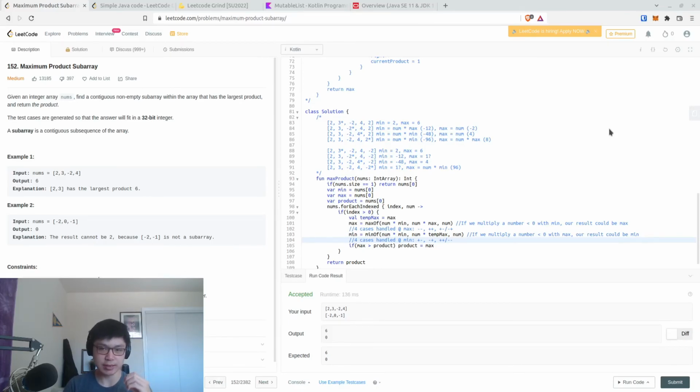In the minimum case, we have a number multiplied by a minimum, so our next number multiplied by our minimum. In that case, we could have a potentially large number that's coming up, or really any positive number, right? Multiplied by our minimum could constitute another minimum.